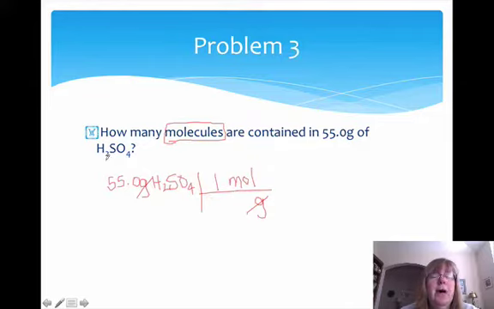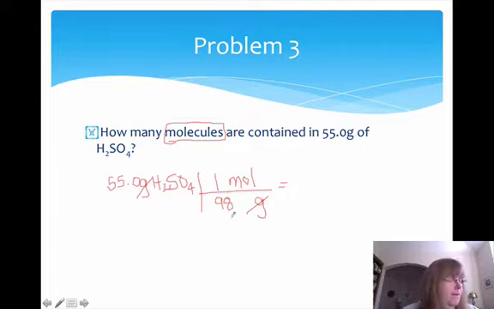If I take 2 hydrogens at 1.01, 1 sulfur at 32.07, and 4 oxygens at 16 each, that's 64. That molar mass winds up for sulfuric acid being around 98 grams. So 55 divided by 98.